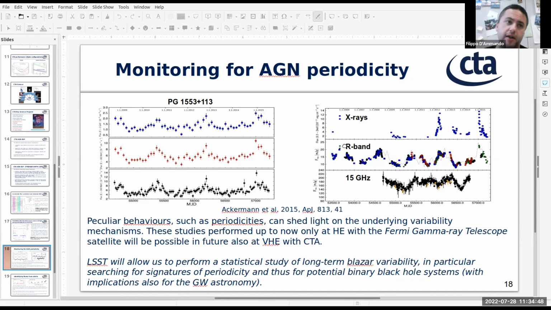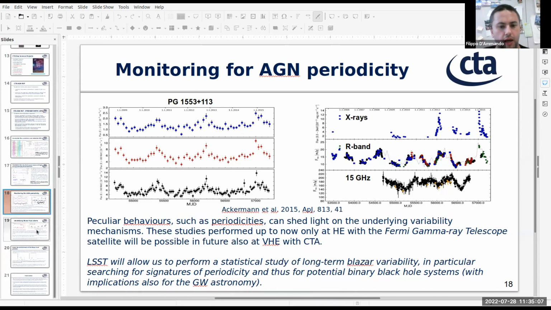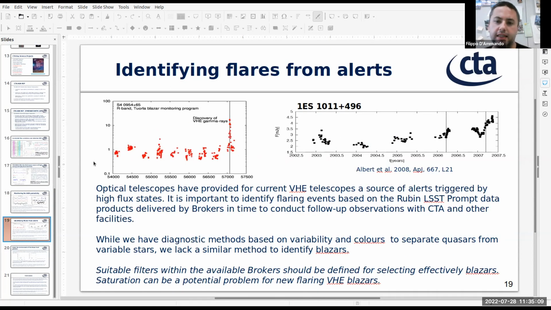So this is another strong synergy in the future, because likely with CTA, at least for some sources, we'll be able to have a long-term light curve also at very high energy to be compared with the optical light curve collected by LSST.